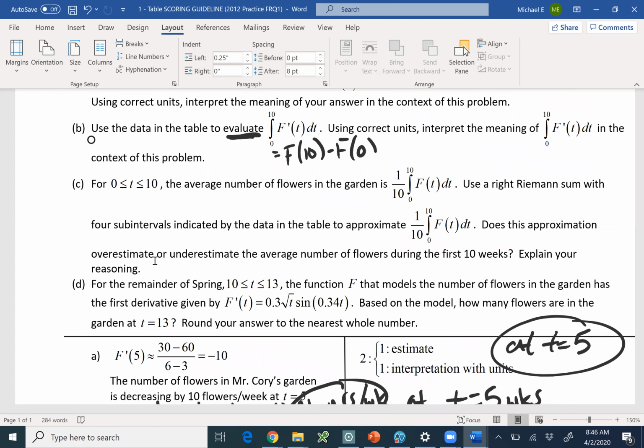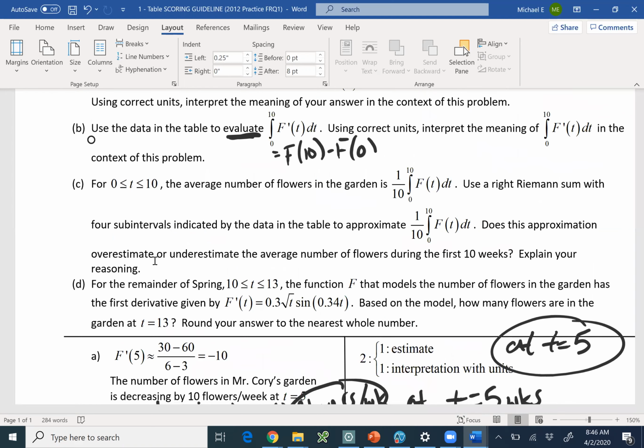But I think what Carlos is asking is, could we just say that the integral from 0 to 10 of f prime of x dx is the change in flowers in Mr. Corey's garden between t equals 0 and t equals 10 weeks, right? That's fine too, Carlos.